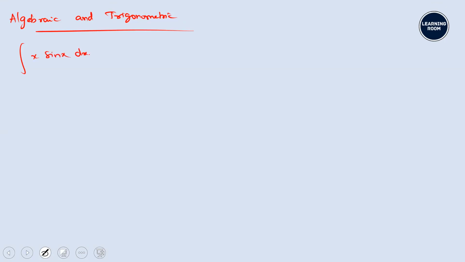Whenever you have this kind of combination, what you're supposed to do is write the first function as it is. So what I'm going to explain now is a shortcut. The shortcut to solve is: first function into integral of second function.